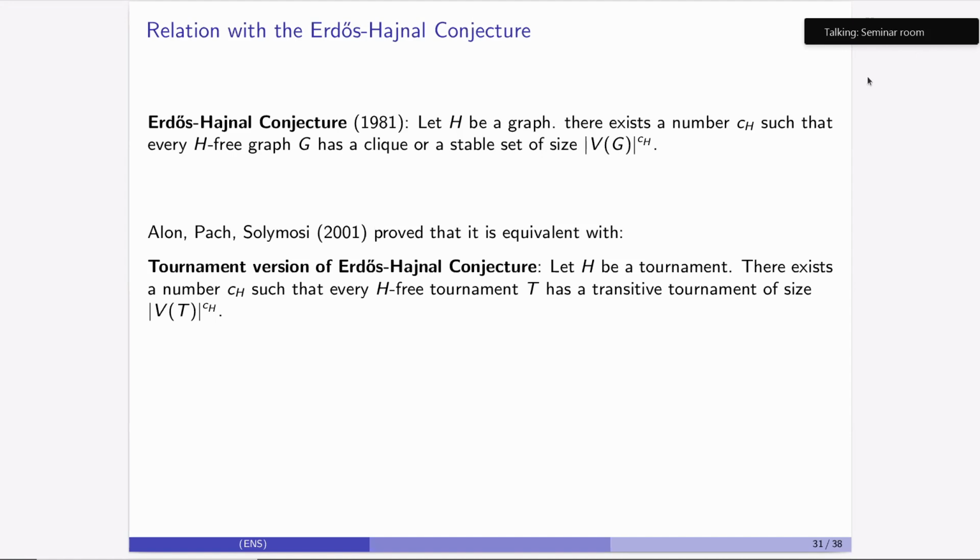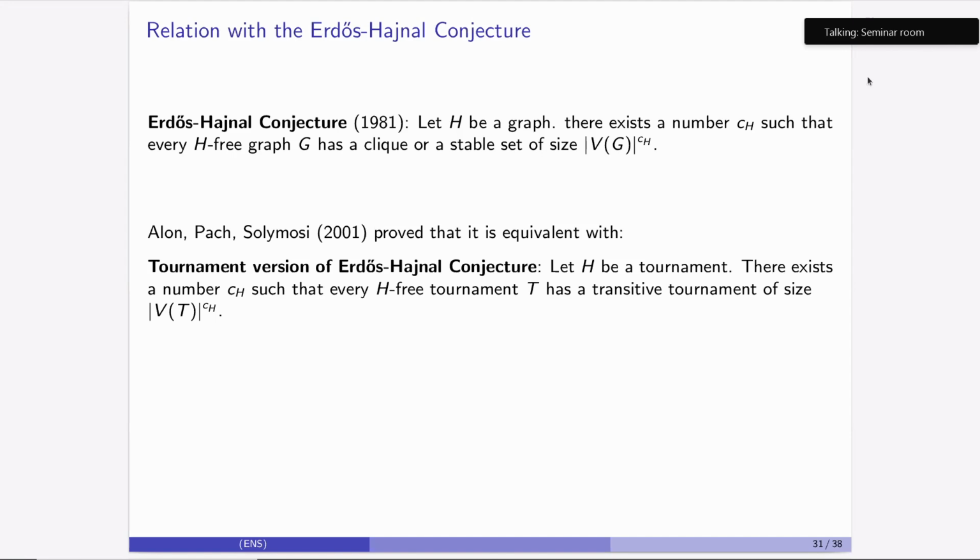If H is a graph, the conjecture says that there exists a number c_H, so that every H-free graph has either a clique or a stable set of polynomial size in the size of G. So we know that if we forgot to forbid H, then there is a graph, a random graph in particular, that has maximum clique number and maximum stable set of size logarithmic. So here it's polynomial, it's way larger.